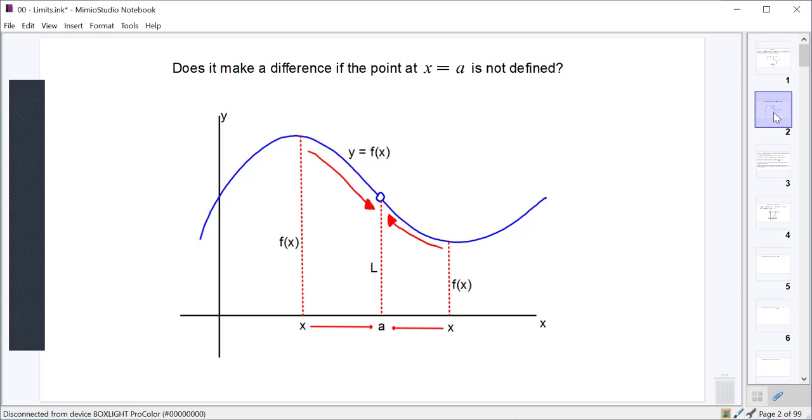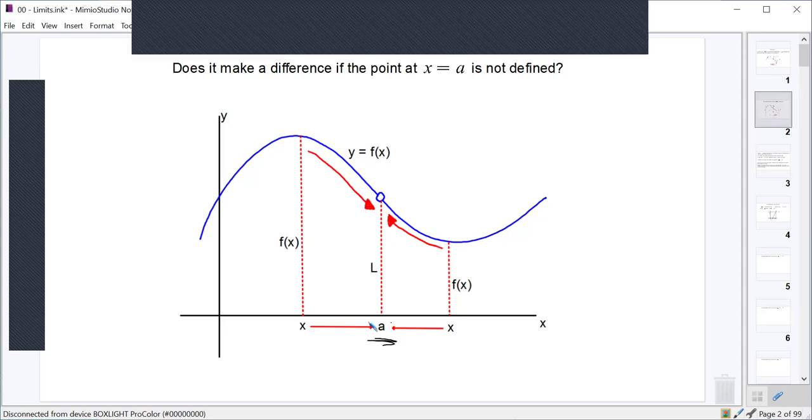Right? All we care about is what y value are we getting close to as x gets very close to a. So as x gets very close to a, but doesn't actually necessarily get to a, the y values from both sides are again getting very close to the value of L. Now, we've got the open circle there indicating that we've got a discontinuity in our function there, right?